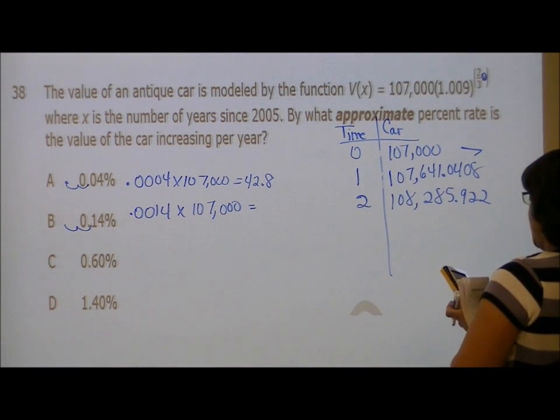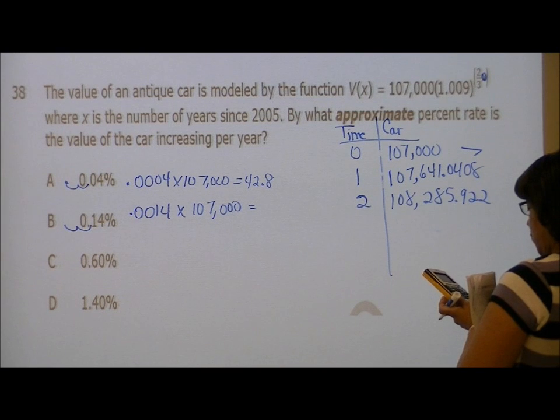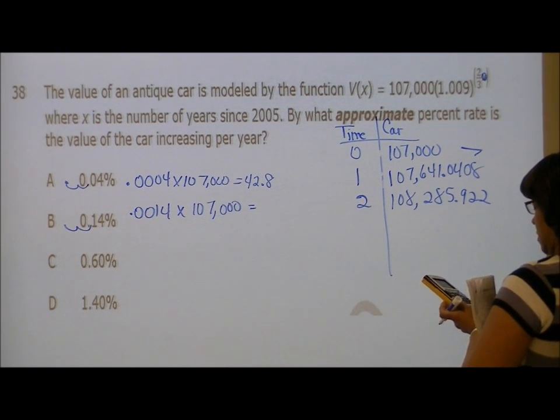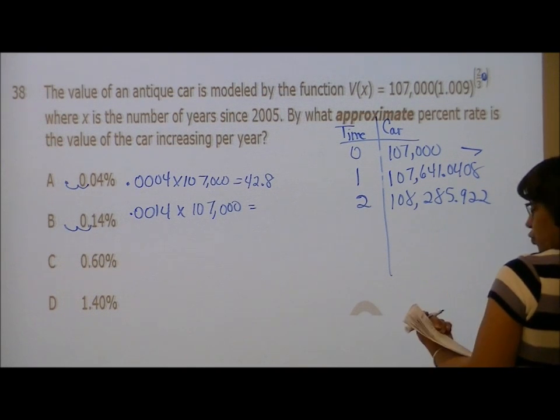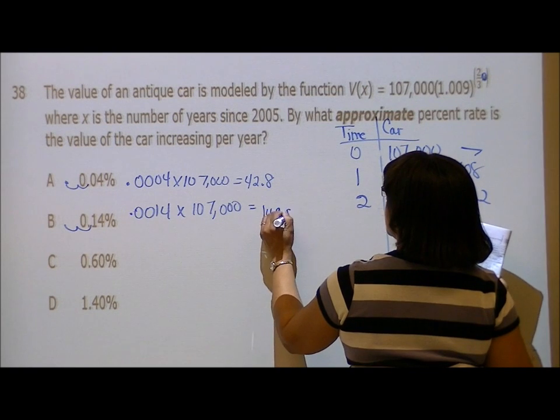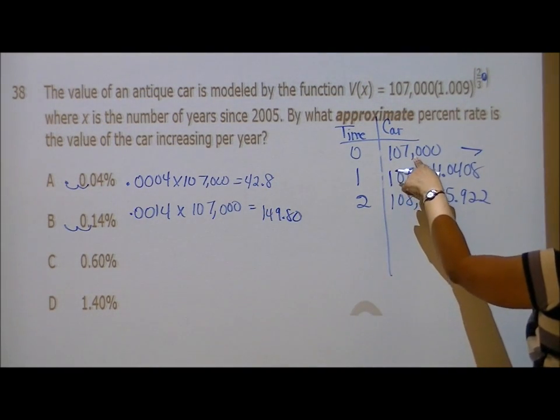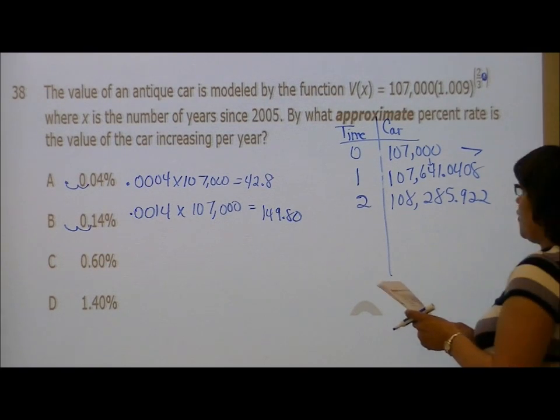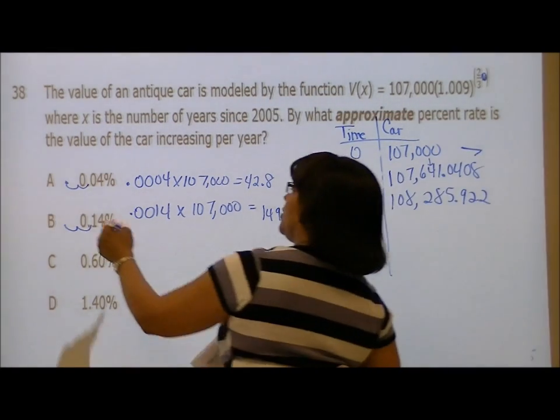It's very hard to see on my paper. 0.0014 times 107,000 is 149.80. Yeah, something like that. Well, I know to get from 107,000 to 107,600 is more than 149. Okay, so I know that's not right. Let me try the next problem.